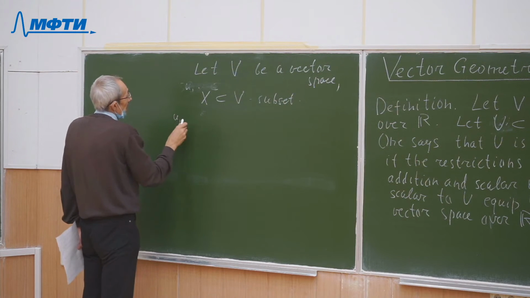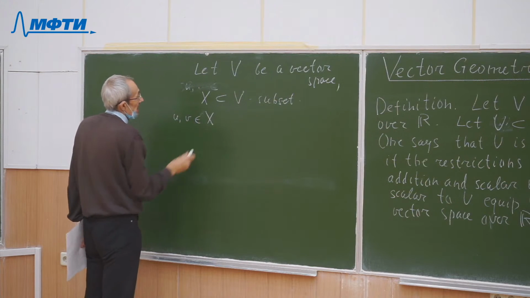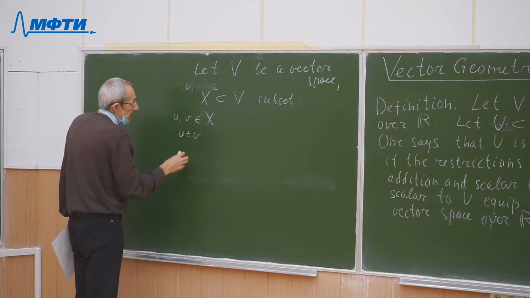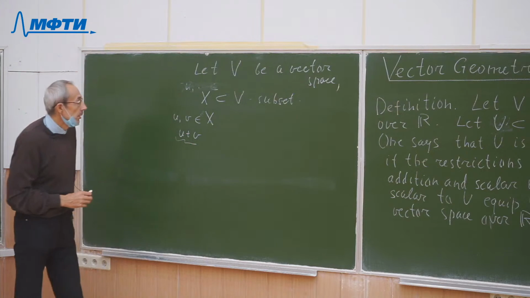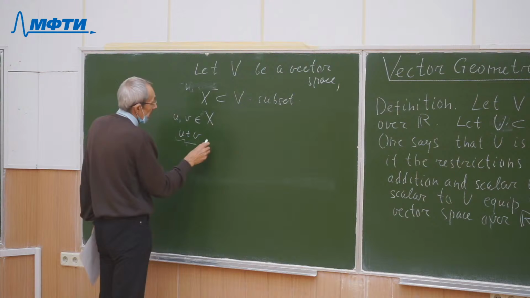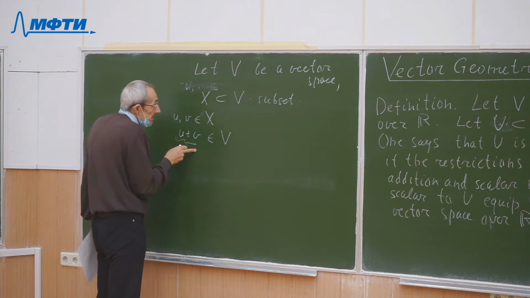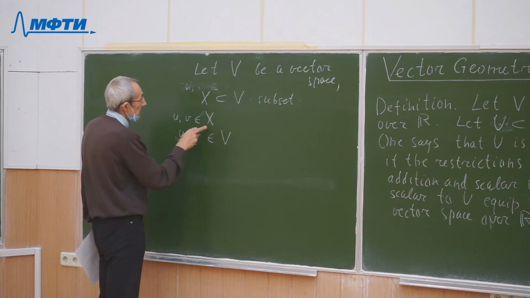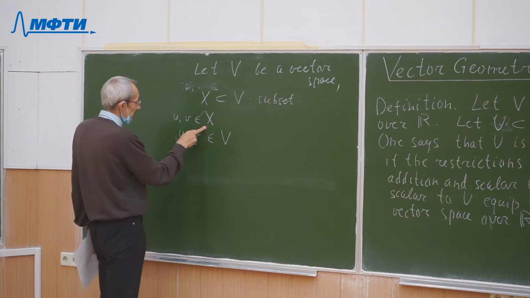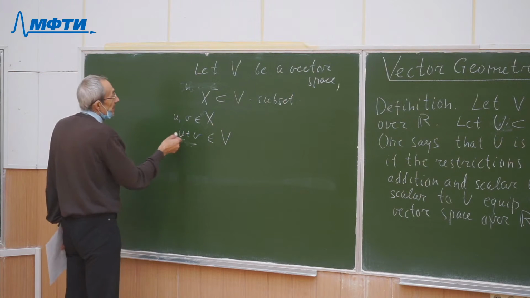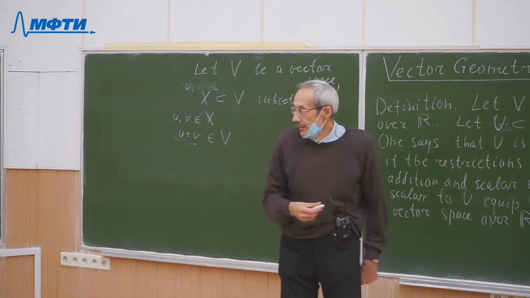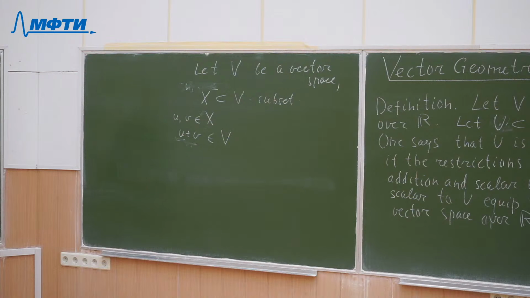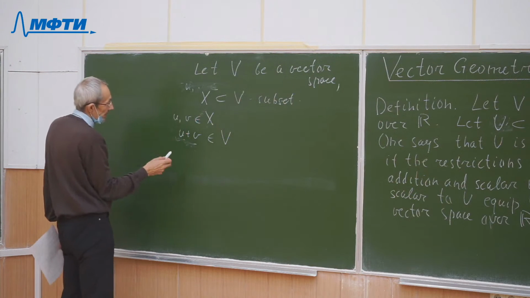If we pick some vectors from this subset and apply to these vectors the operation of addition, we obtain some vector u plus v, and this vector belongs to the vector space, but we can check whether this vector belongs to our subset X, and if this condition is fulfilled for all vectors which belong to X, we can say that the operation of addition is defined on X.